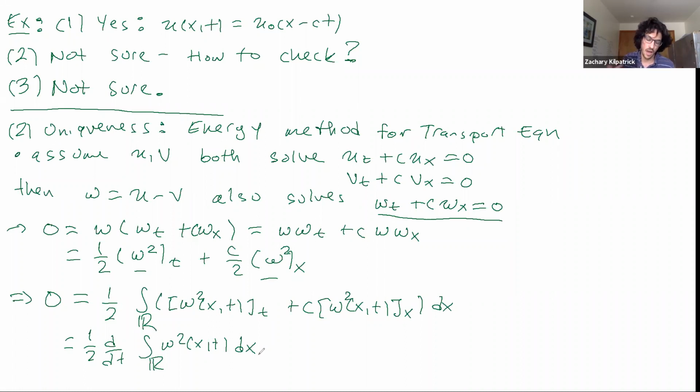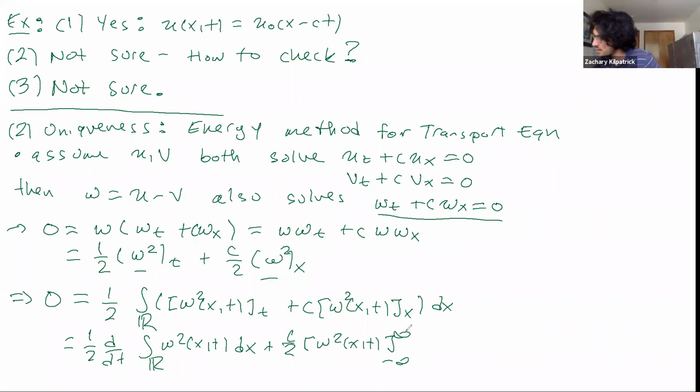I have to assume continuity of W, so we have some continuity assumption that's already built in, okay? And if I integrate this next part, I can just use the fundamental theorem of calculus to write this as c over 2 W squared (x,t) evaluated between minus infinity and infinity, okay?